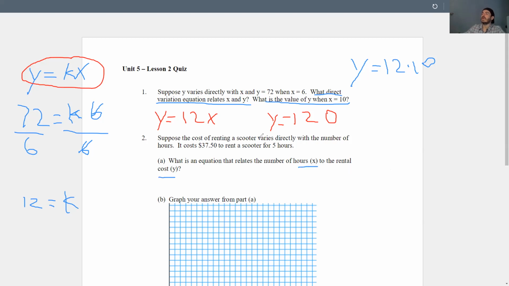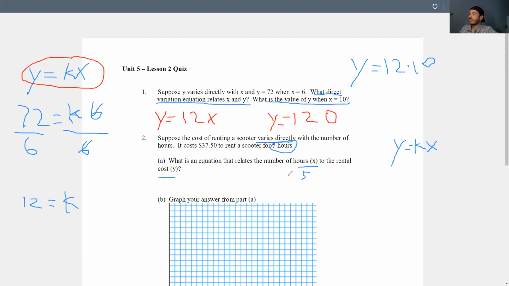All right, well, we know that these two things are going to vary directly. So it's going to fit the form of a direct variation equation, or Y is equal to KX. And then we know that hours are X, and we have a number here for 5. So X is equal to 5.